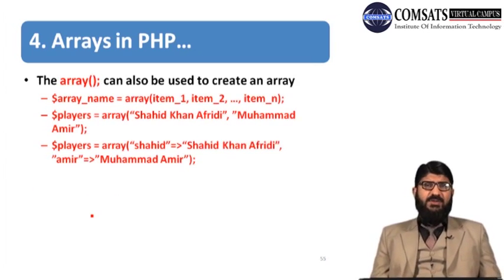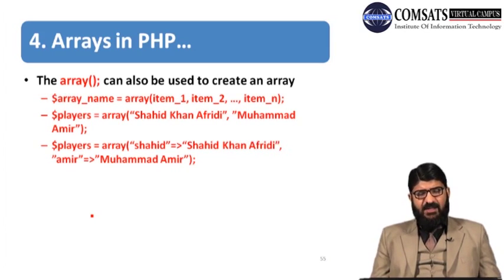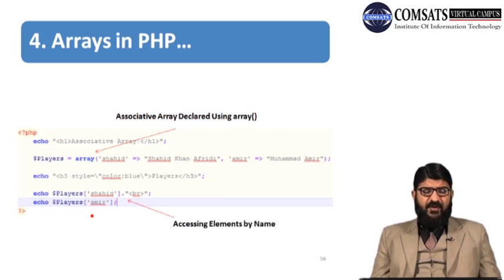The array can also be used to create an array name which contains multiple array items, and the array can also be used for a player name which contains multiple string data type items as well. See the example of an associative array declared using array. So a player variable is given with an array.